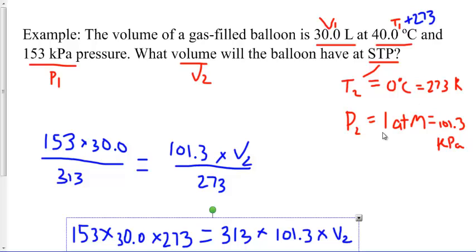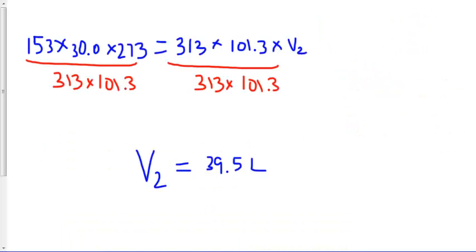Cross multiplying, I've got 153 times 30 times 273 equals 313 times 101.3 times V2. I divided both sides by 313 times 101.3, and I got V2 equals 39.5 liters. I used 3 significant figures because all these measurements are either 3 or 4 sig figs, so I'm going with the lower amount, which is 3.